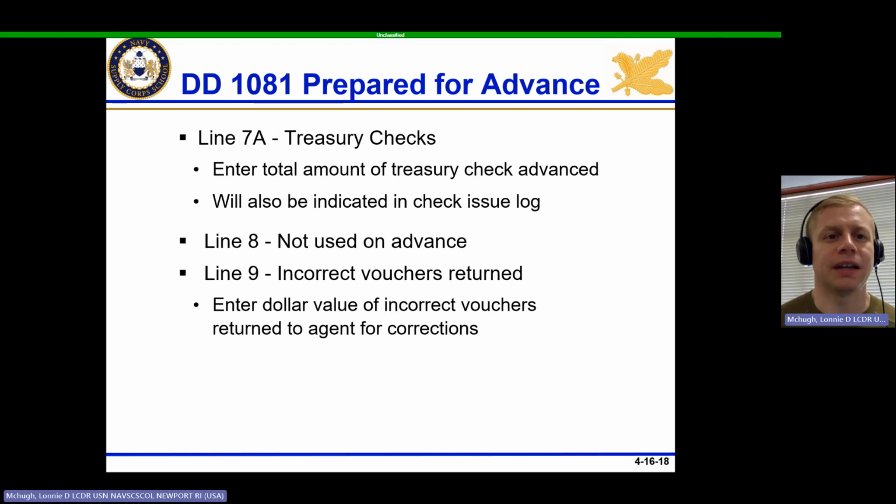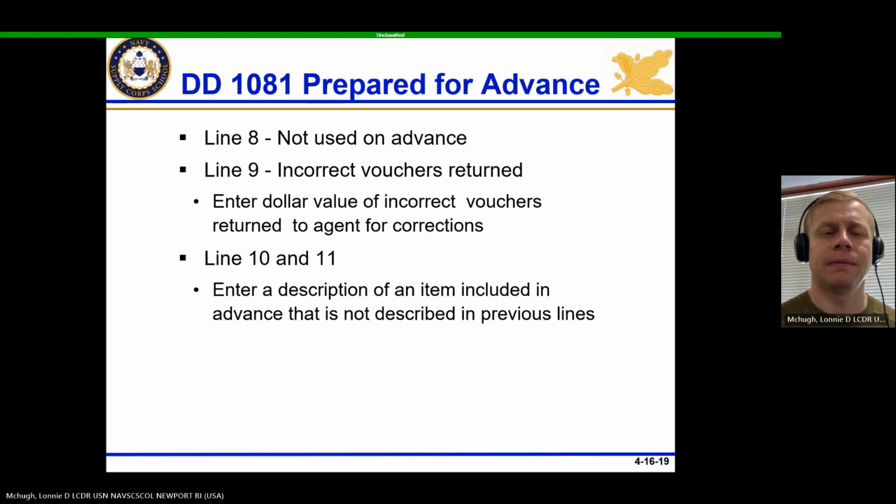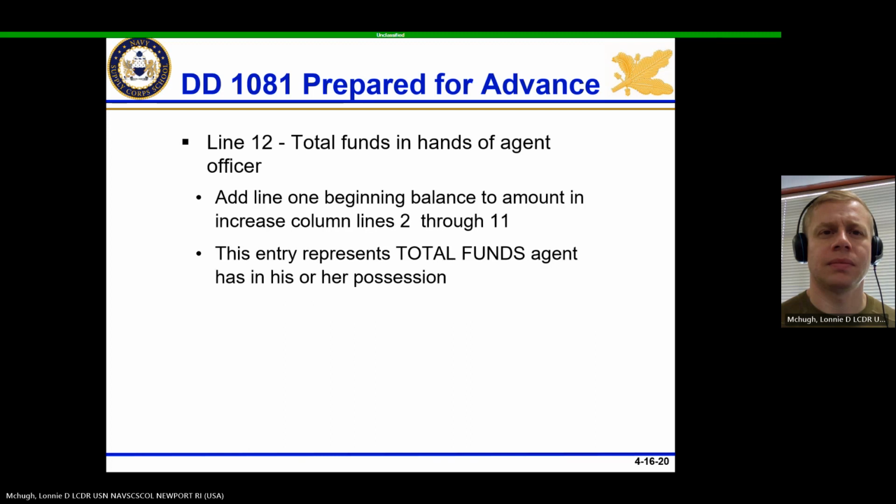And a reason for this would be if you were going on travel and you knew that your agent was going to need more cash, you could give them an exchange for cash check that they could take to the deputy or some other source of funding and get that cash check and replenish their stock. Line 8 is not used on advance, and line 9 is incorrect vouchers returned. Line 12 is total funds in the hands of an agent. So that's your total accountability at the bottom.